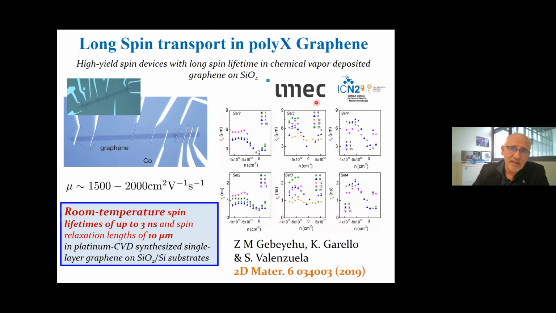A few years ago there were some experimental measurements at IMEC, where they could investigate a lot of devices and get a kind of universal value for the spin diffusion length of 10 microns for the system deposited on top of silicon oxide. But the question was whether grain boundaries and the average grain size can play a role in that.